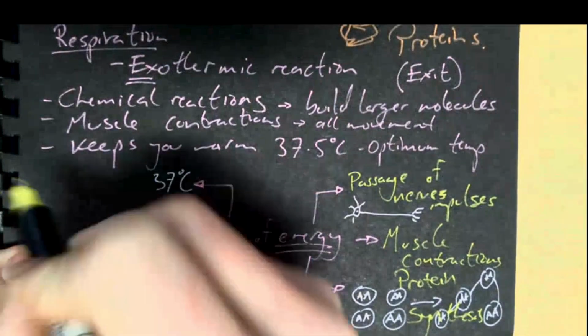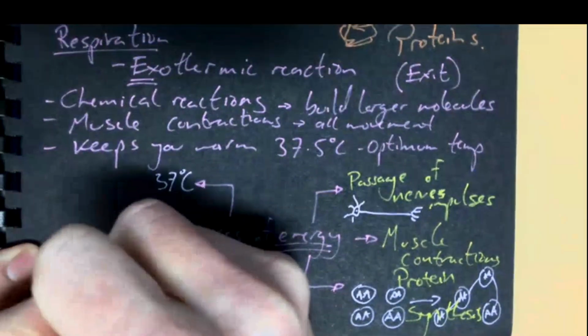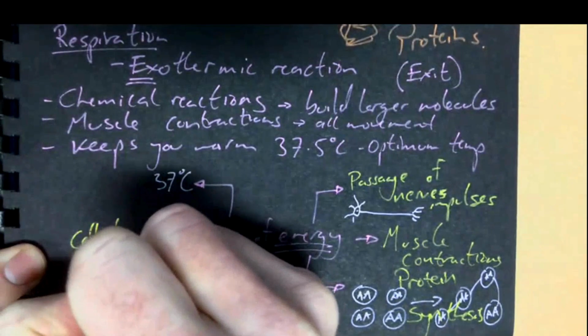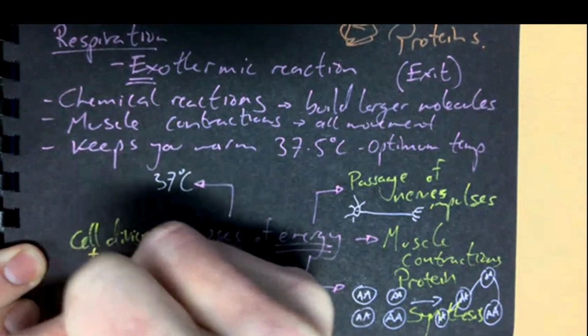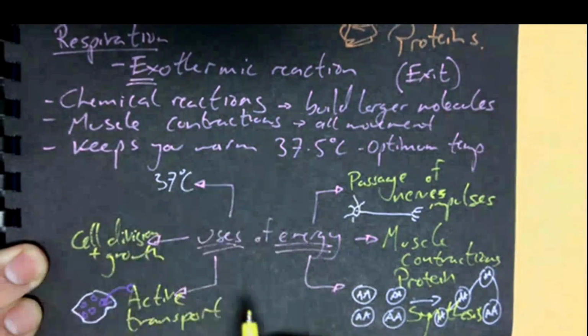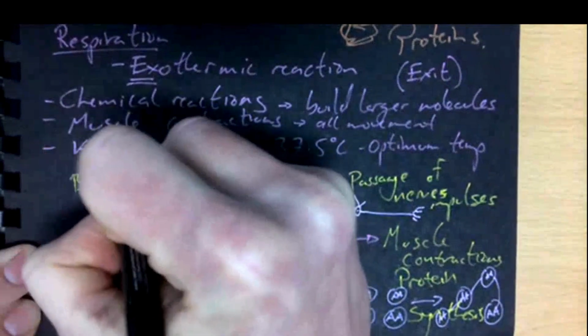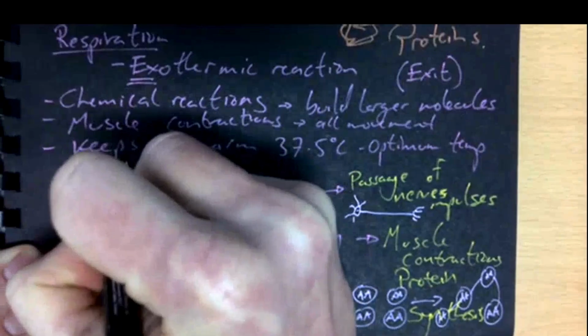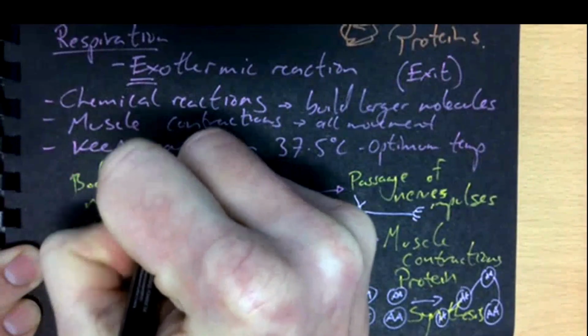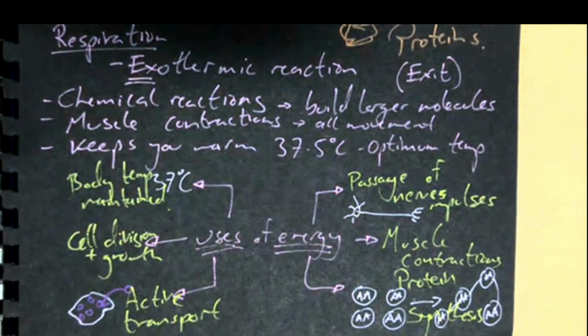This one here is just your cell growth and division. That requires energy. And then finally, maintaining your body temperature. So 6 uses of the energy.